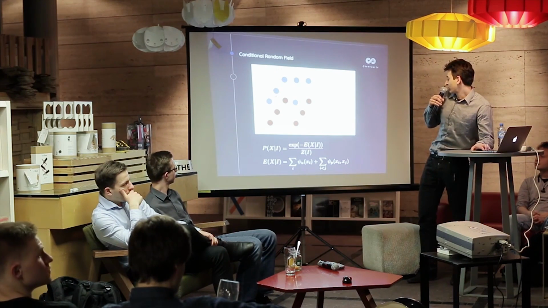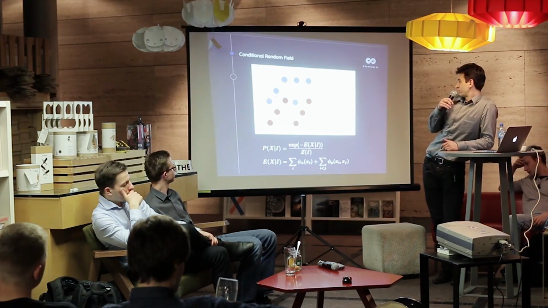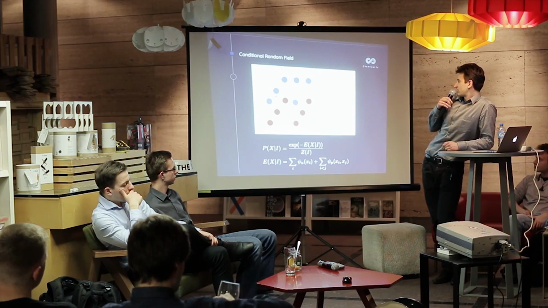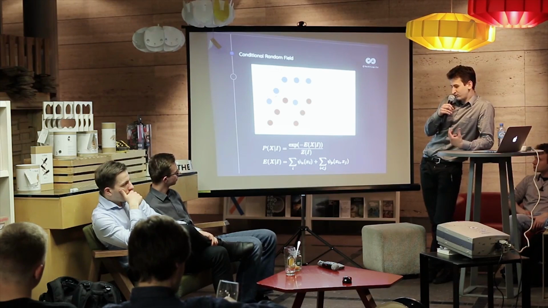Okay, and the question is how the CRF interacts with a deep convolutional neural net. In this probability density function modeled by the CRF, we have two kinds of factors.